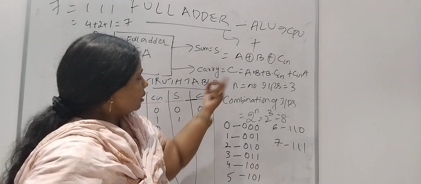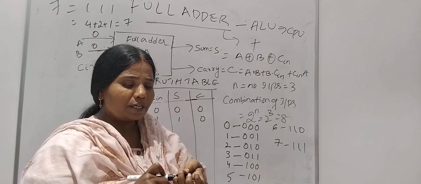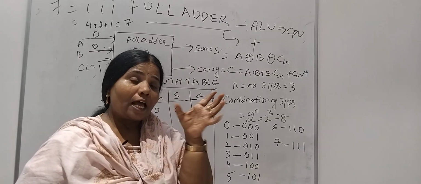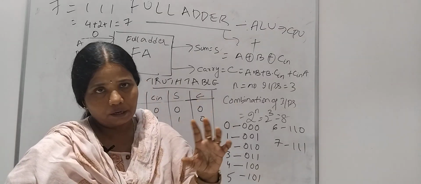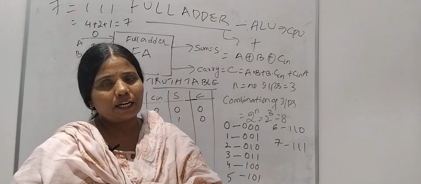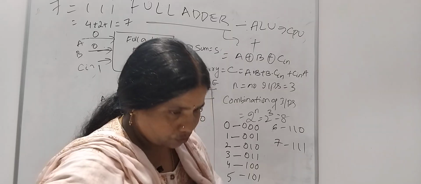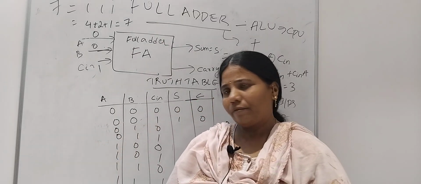The expression you can remember, or blindly remember that among the 3 inputs, if one input is 1, the sum will be 1, carry will be 0. Similarly, among the 3 inputs, if 2 inputs are 1, sum will be 0, carry will be 1. If all the inputs are 1, sum will be 1, carry will be 1. If all the 3 inputs are zeros, then the sum will be 0 and carry will be 0.